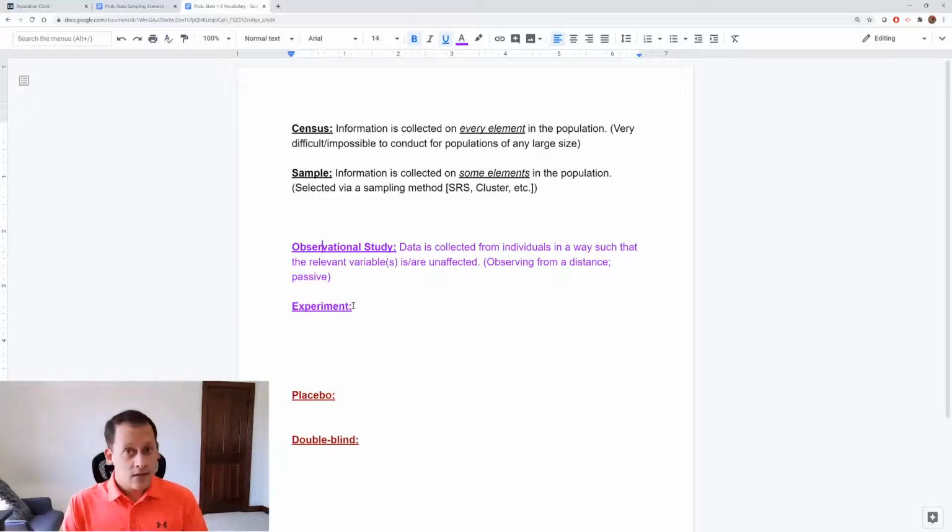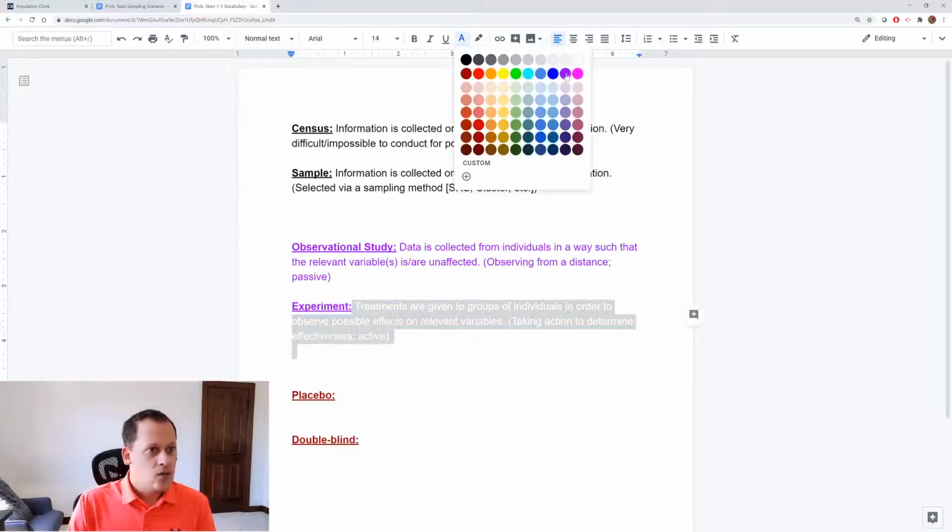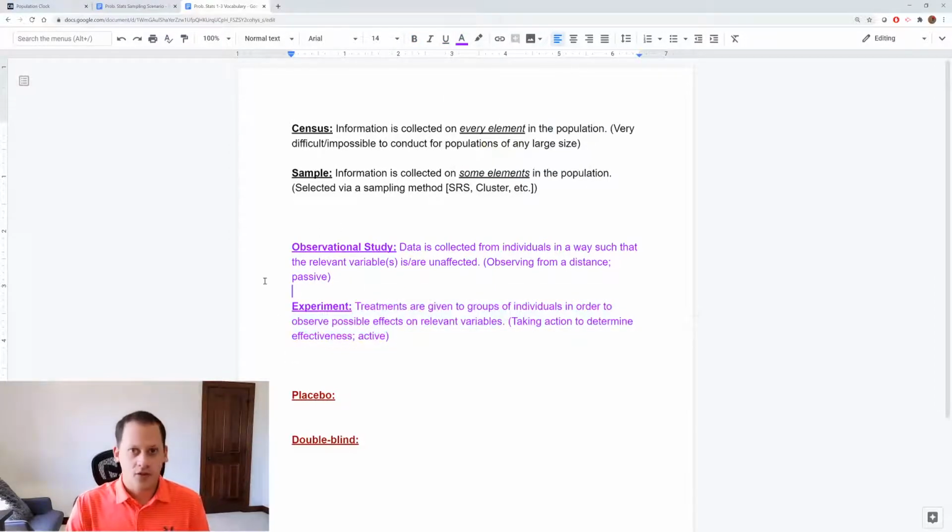Let's contrast an observational study with an experiment. An experiment is where treatments are given to groups of individuals in order to observe possible effects on relevant variables. So this is very different from an observational study.